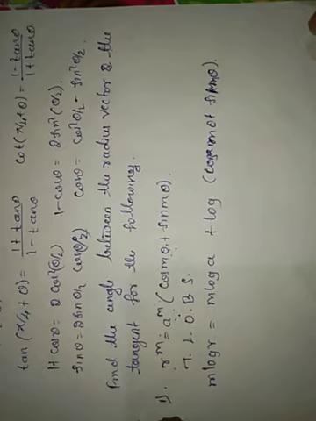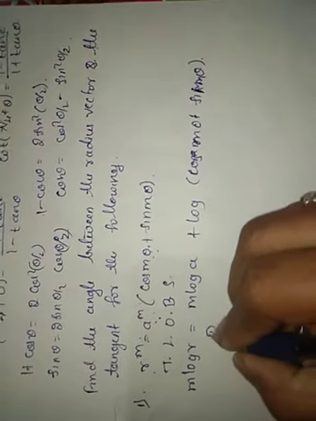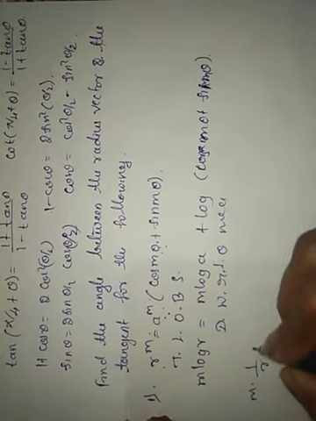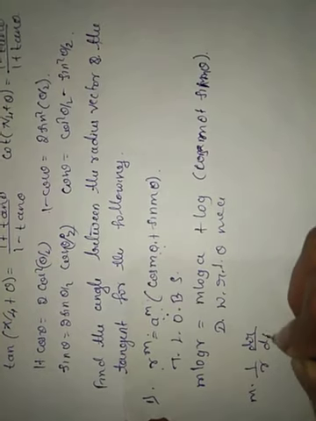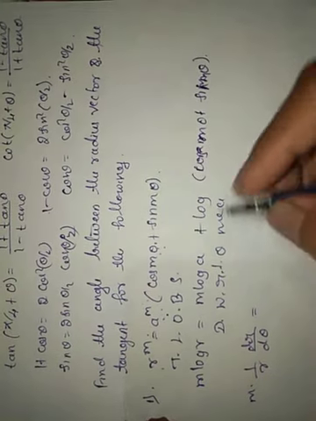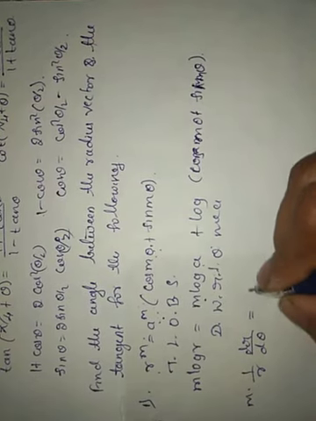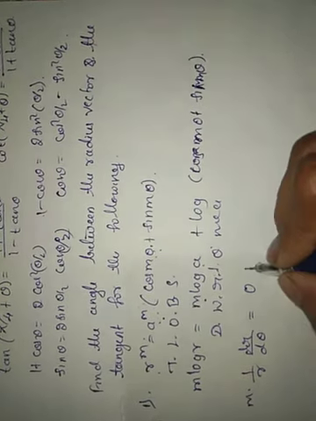Now differentiating with respect to theta. We get m, which is a constant, keep as it is. Derivative of log r is 1 by r into dr by d theta. Derivative of m into log a: m is constant, log a is also constant, so the derivative will be 0.